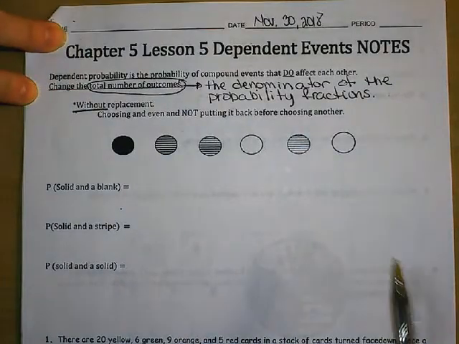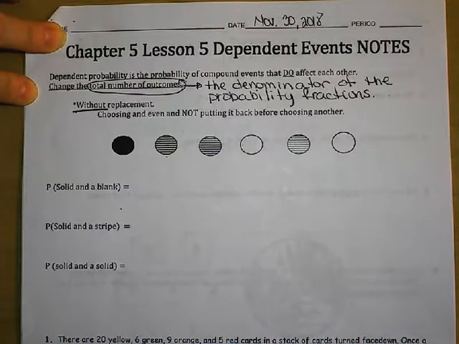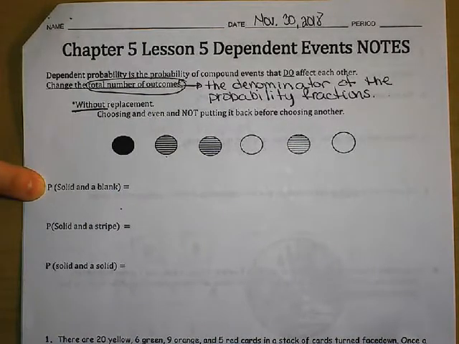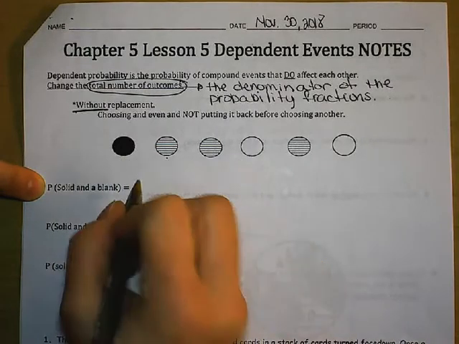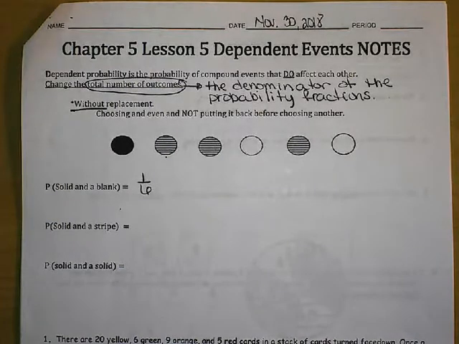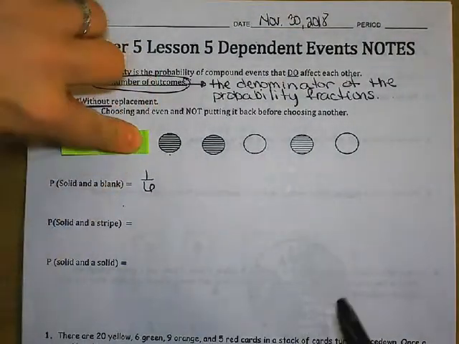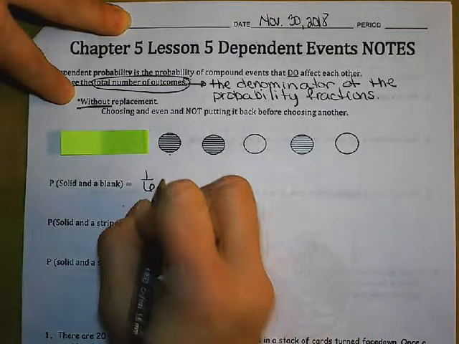We will be doing a couple examples with these solids, stripes, and white circles you see. The probability of a solid is 1 out of 6. You assume that that probability occurred. Therefore, we no longer have the solid circle in our outcomes. I will cover it so that we know that is no longer an outcome.